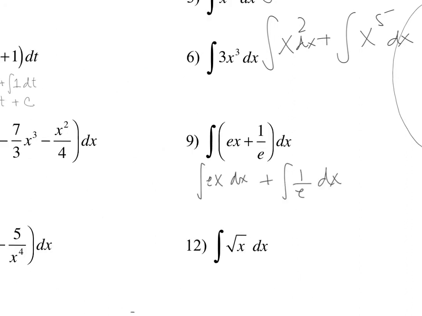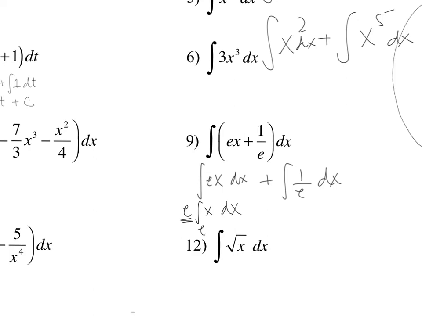I've gone ahead and set up number 9. It is a sum, so I split it. Remember that e is a number, so you're taking the integral of e to the x dx, which is e times the integral of x dx because e is a constant.